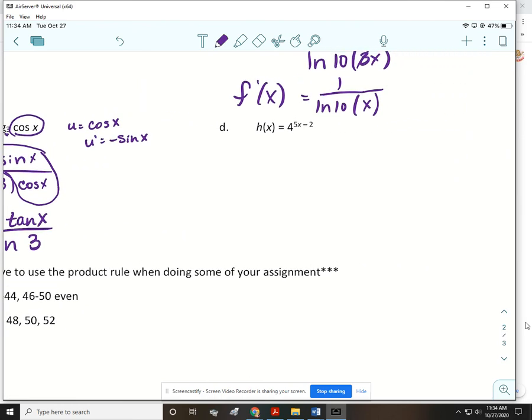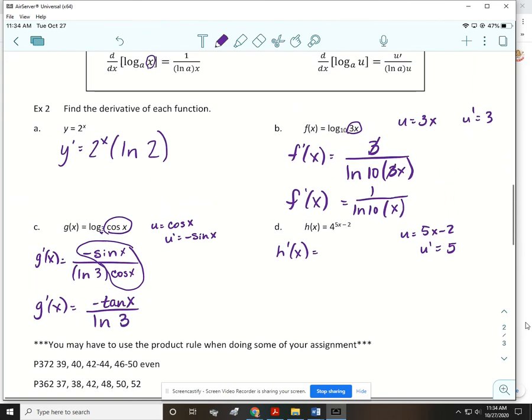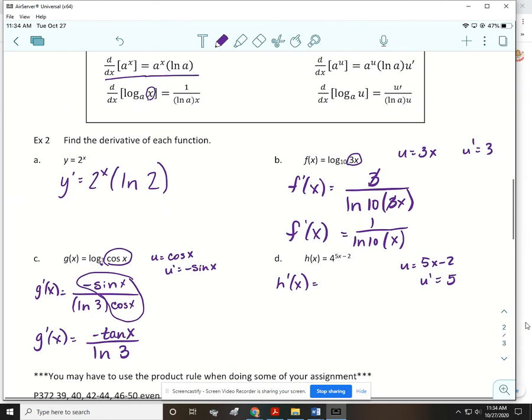And one more. So u on d is going to be 5x minus 2. U prime is going to be 5. All right, so when we're finding the derivative of 4 raised to a power, it's going to be 4 to that power times the natural log of 4, and then times u prime, which is 5.